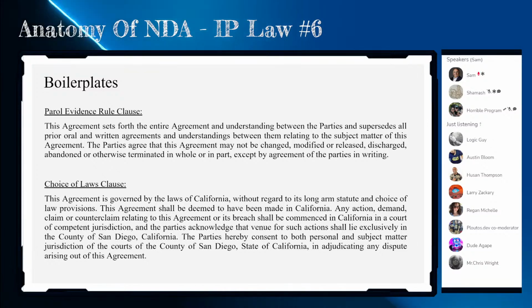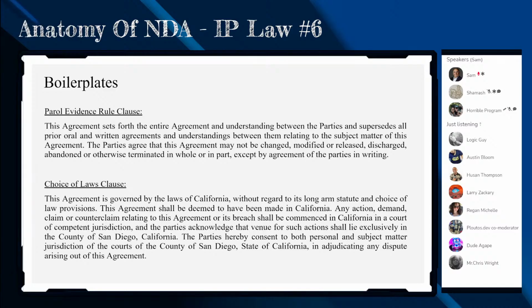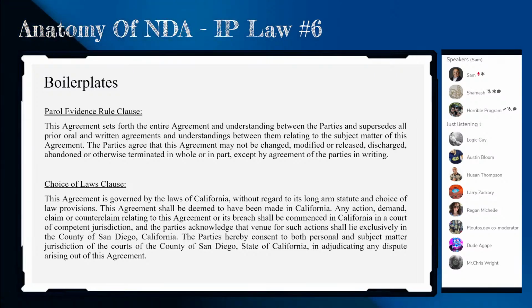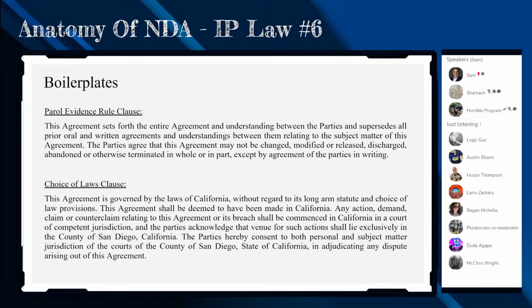So we kind of say the four corners of the contract are complete. There's no additional agreement between the parties outside of this. So this makes the introduction of parol evidence inadmissible in court. You can't talk about your phone conversation.